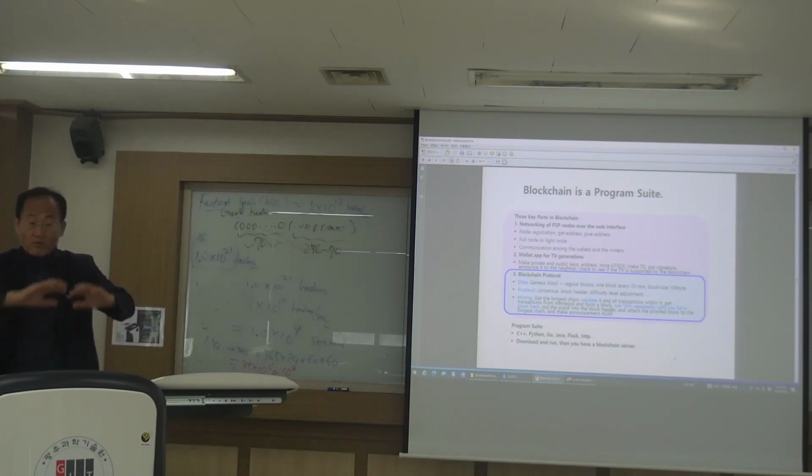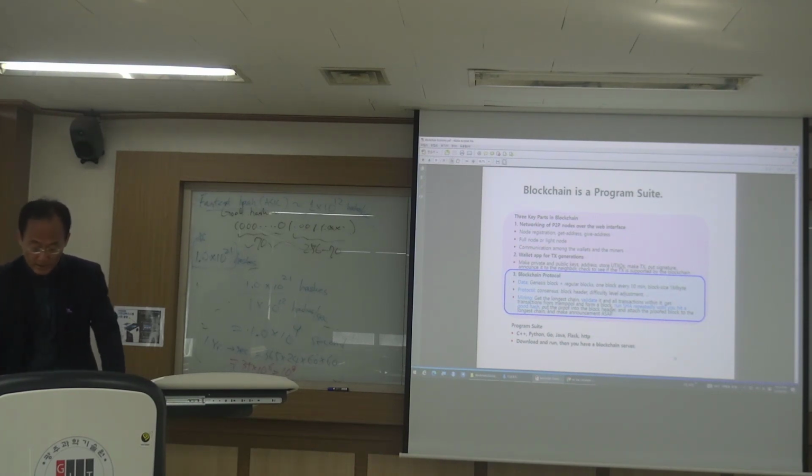And then validate all the transactions in it, signatures and so on, and then balances and so on, right? And then get the transactions from the memory pool of your computer, form a block, run the SHA, secure hash algorithm, repeatedly until you hit a good hash, okay?